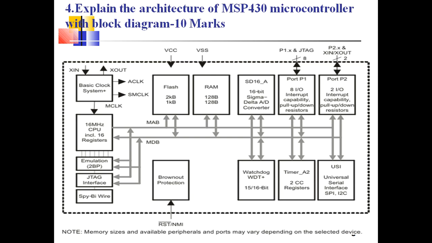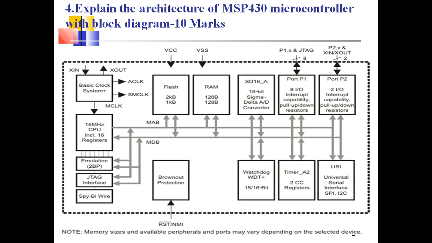You are going to use port P1, port P2, and a 16-bit sigma delta ADC converter. It has RAM of 128 bytes, flash of 1 KB, which can extend up to 2 KB. It has a basic clock system which takes the clock from the crystal frequency, connected through the XIN and XOUT pins.